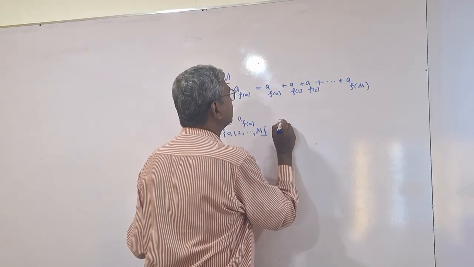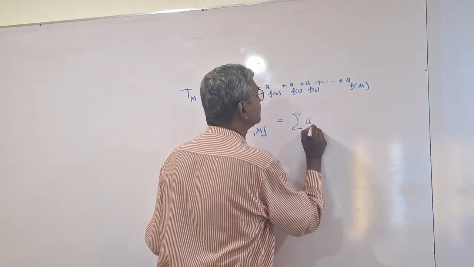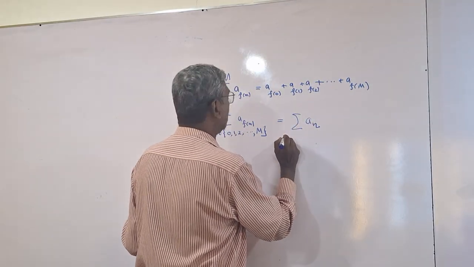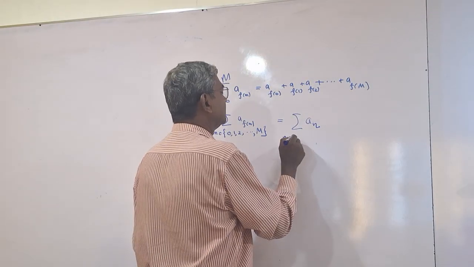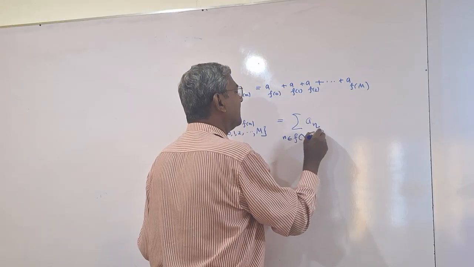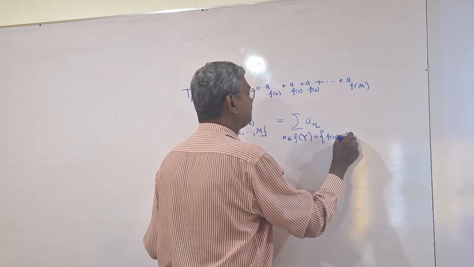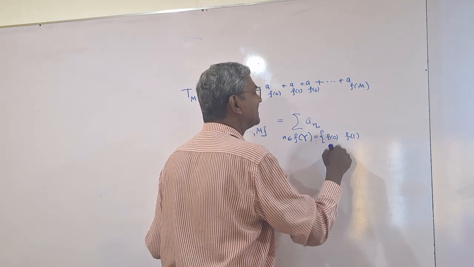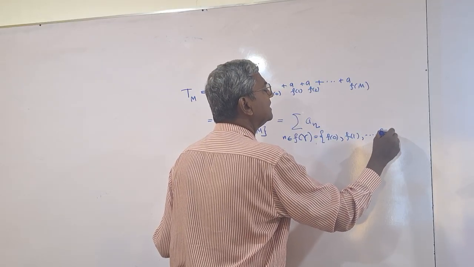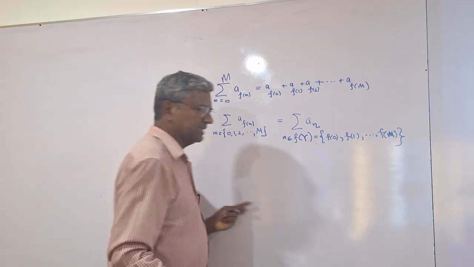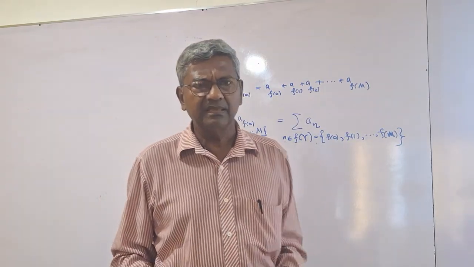And this is equal to sum of An, n belongs to Fy. What is Fy? Fy is again F of 0, F of 1. Ooh, very easy. Bingo, to Tm. So the same thing is written in 2-3 different ways. So that line is crystal clear.